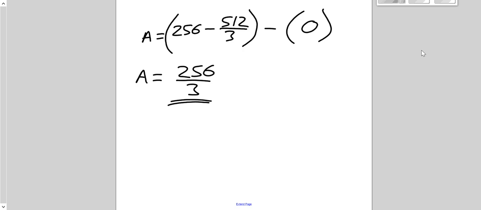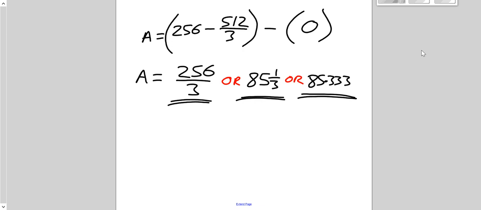I don't think that will simplify nicely. It might give me a decimal, but you could write it as a mixed number, like 85 and a third. So that gives you an indication of what size this number is. It's 85 and a bit. I can recognise that. Or you might even want to decimalise it, but I think that's fine to there myself. So I'm quite happy with that.